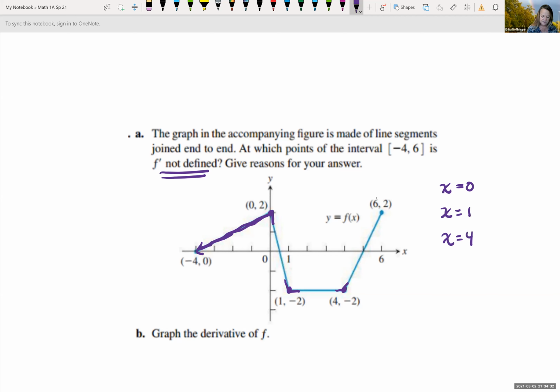But the derivative to the left of -4 or to the right of -4, that derivative, we can find out what that slope is. And that's what the derivative is going to be at -4. If we wanted to do a left-hand side, looking at is it differentiable at this endpoint, we would look at the slope. What is the slope coming in on the left-hand side of this graph? It doesn't exist on the right because the function isn't defined there.